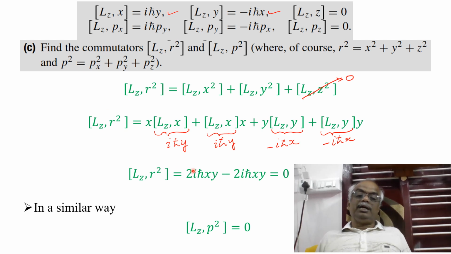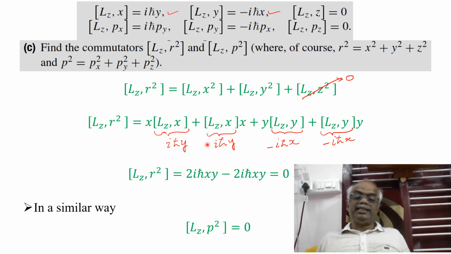So now you can add both. iℏ cross, already there is x here, there is y here. You can interchange x, y back and forth because both are real numbers. So for the first two terms, if you add, you will get 2 times iℏ cross xy. This is xy and yx, both are the same. Same thing with the other, which is minus 2 times iℏ cross xy.